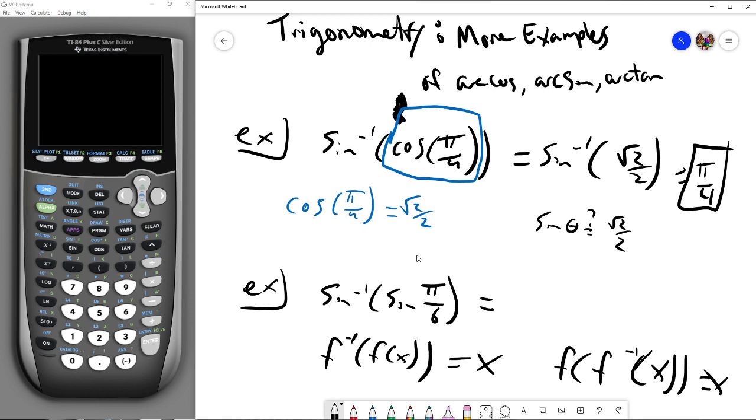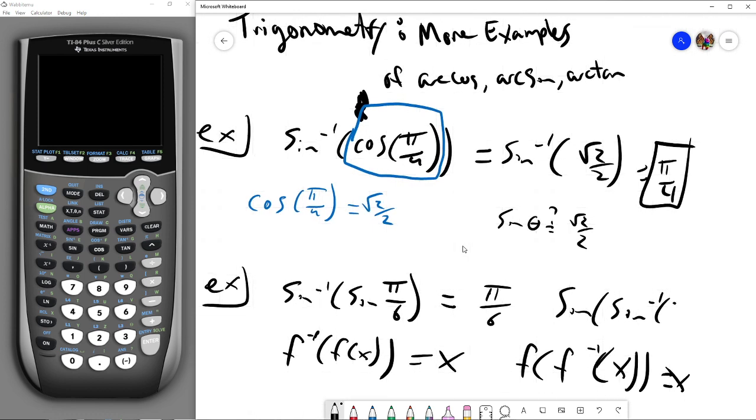So this has to equal pi over 6, and sine of arcsine of 1 equals 1. But not so fast. We have to be careful. These follow straight from our properties of inverses, but there's a caveat with the domains and ranges.